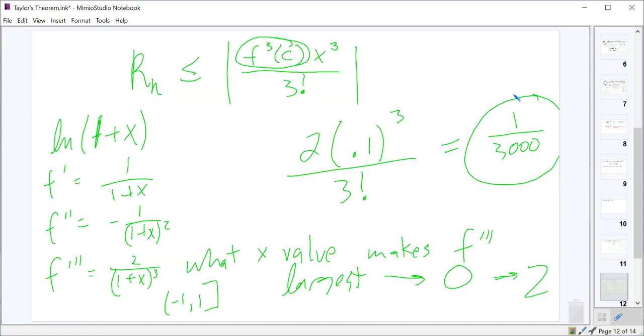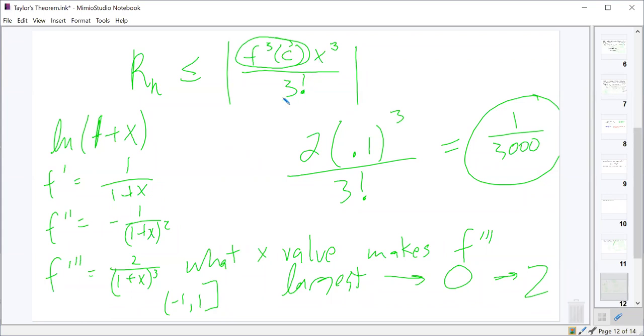I have a question on the interval. So when you're talking about what x value makes f to the third degree largest, the interval for those x values is 0 to 0.1. So I sort of said that, but that's not quite entirely right. Our x value, the x value that we're evaluating at, is 0.1.